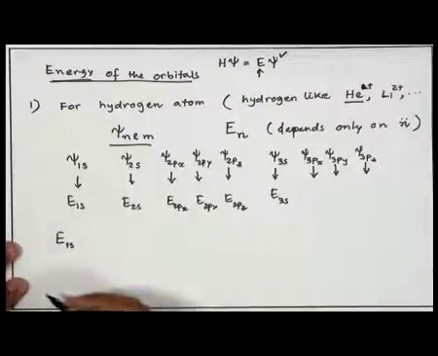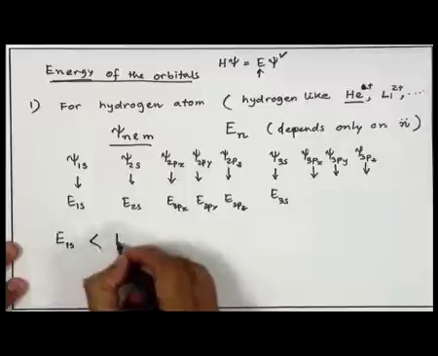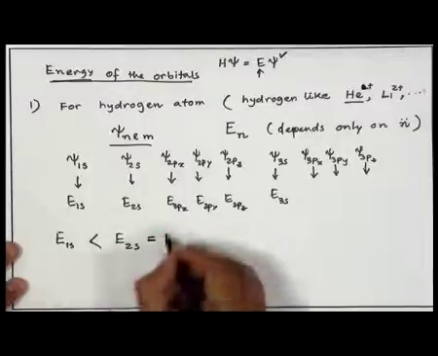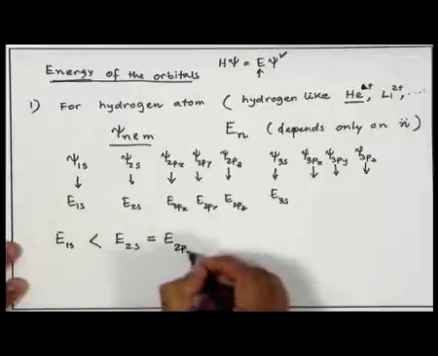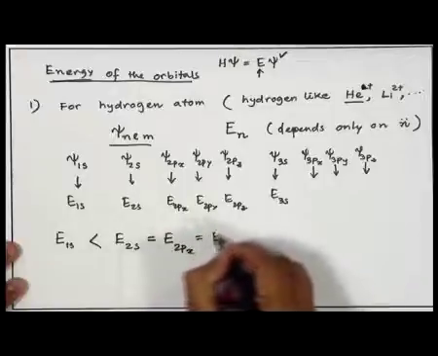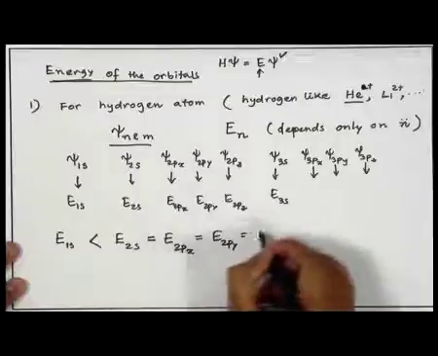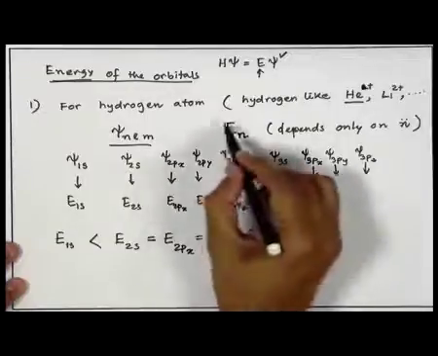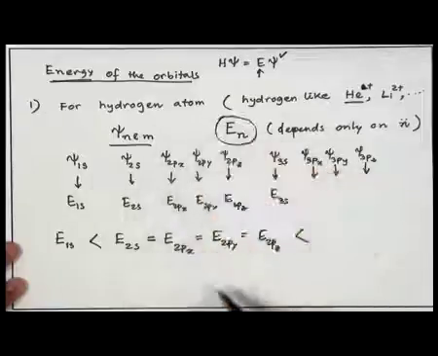E1s has the lowest energy, then comes E2s, and the energy of E2s is exactly equivalent to the energy of E2px, which is E2py, which is E2pz, because as we discussed, the energy only depends on the principal quantum number n.